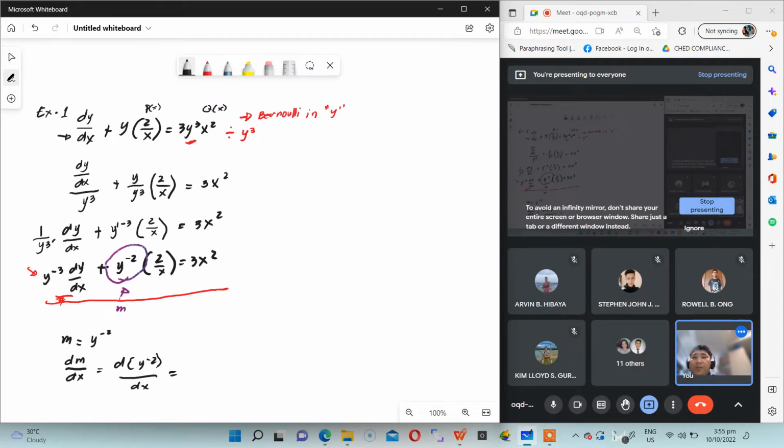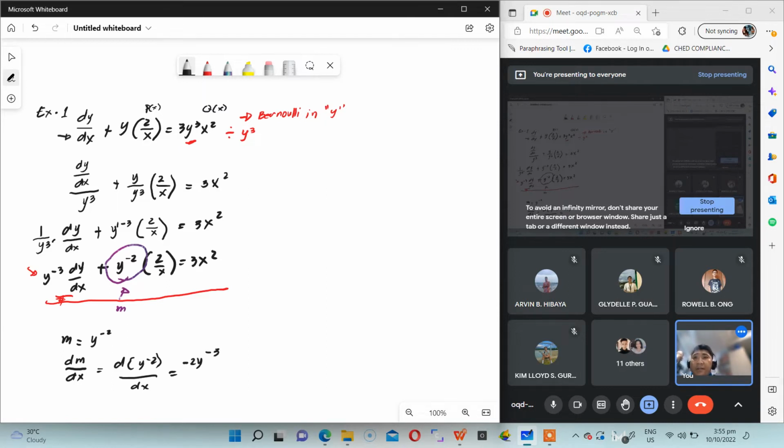Therefore, what is the derivative of y raised to the power of negative 2? Anyone? Y raised to the power of negative 2. Negative 2y, sir. Negative 2y. Raised to the power of negative 3, sir. Raised to the power of negative 3.